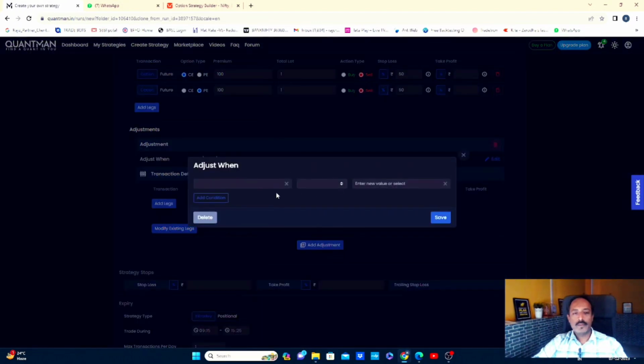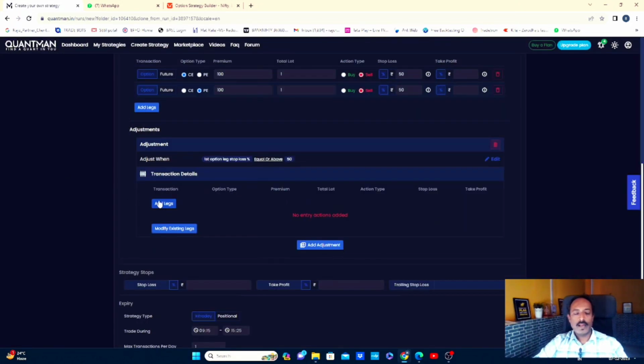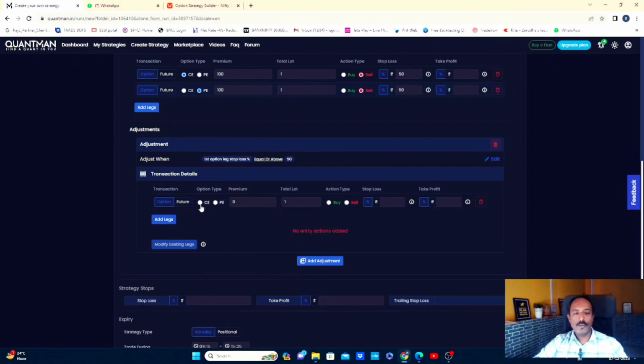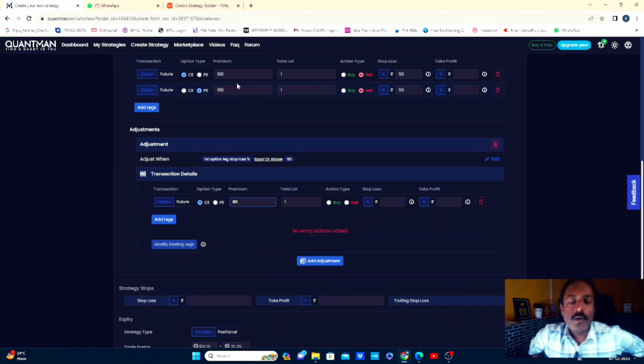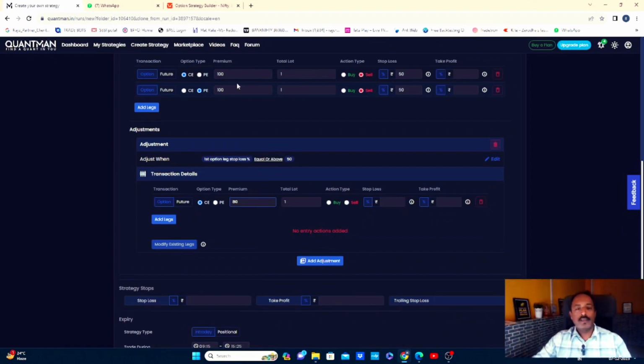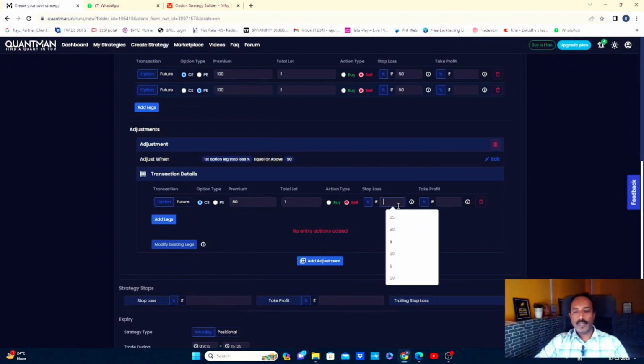Okay, add adjustment when the first leg stop loss percentage is equal to or above 50%. Okay, and you can add a leg and you can sell. Now you can sell a call option worth 80 rupees. So once this 100 rupees call option gets triggered at 150 rupees, then you can sell an 80 rupees call option again with a stop loss of 30% or 40%, however you define it.